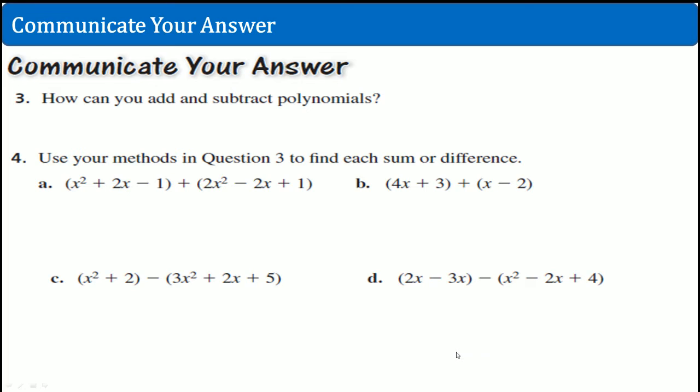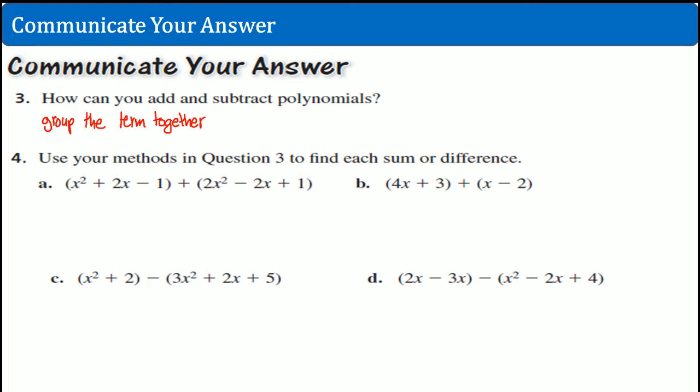Okay, so here you're going to finish up by communicating your answer. 3 and 4. 3 asks, how can you add and subtract a polynomial? Again, what we did here is we group the terms together, right?